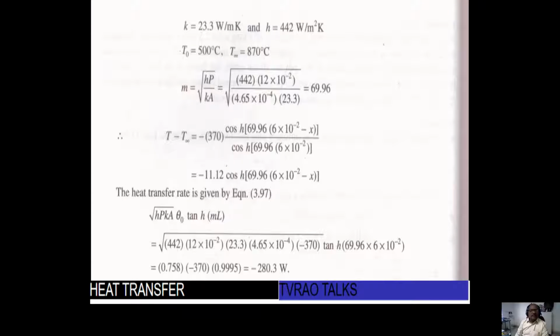Here, K value is given, h value is given, gas temperature, the base temperature T0 is given, T infinity is given. Using this you can find out m. m is nothing but square root of hP by kA. If you substitute this into the temperature distribution equation, you can find out T minus T infinity.